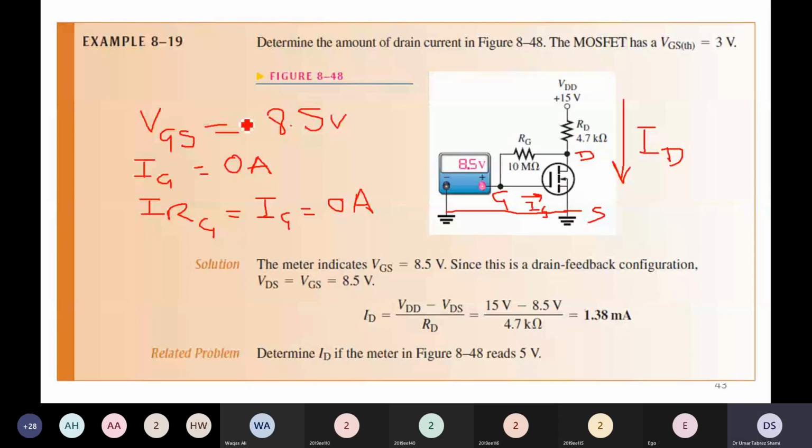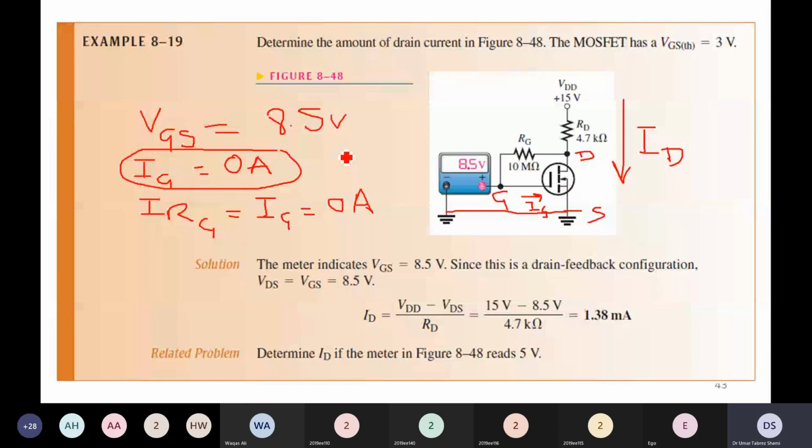Therefore we say gate current is 0 ampere because of large insulation or large resistance between gate and source. Now the gate current IG and the current IRG are in series, and both of them in our case are 0 ampere.